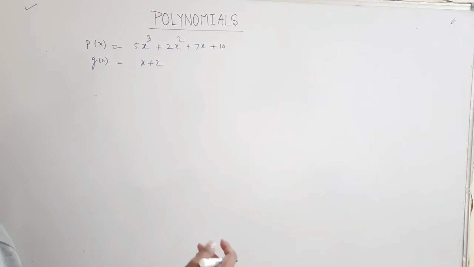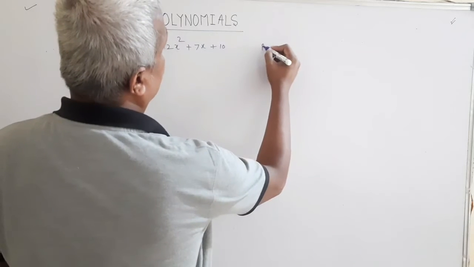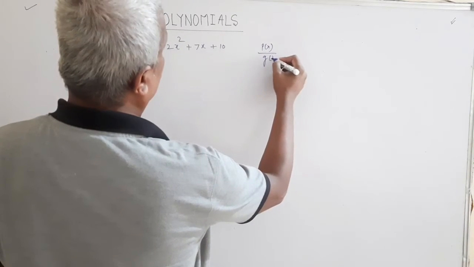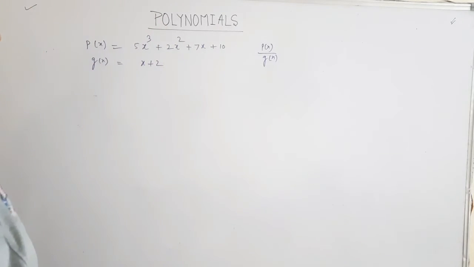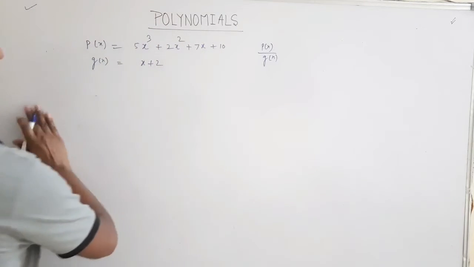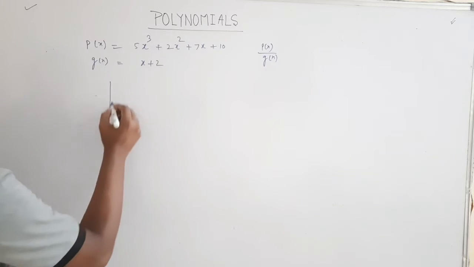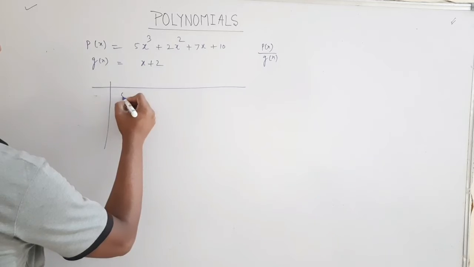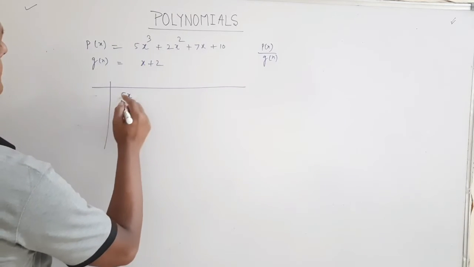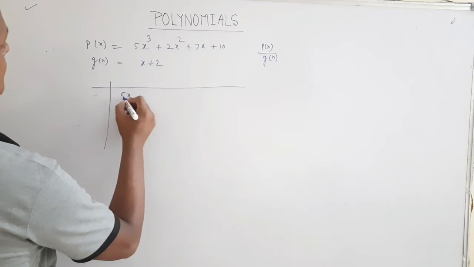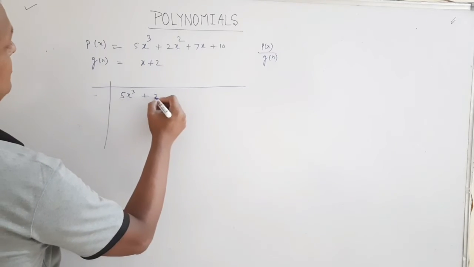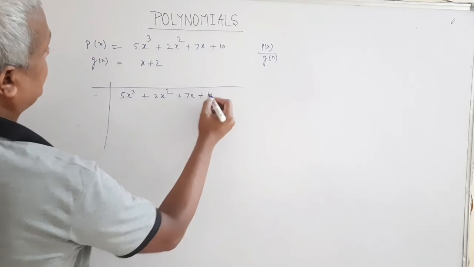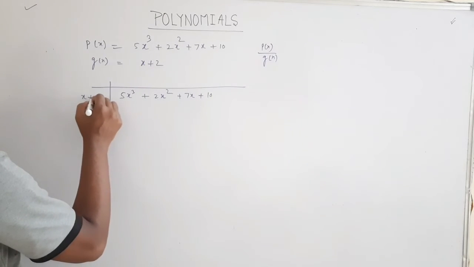So I am trying to find out what will be the value of p(x) over g(x). So we can divide by the normal division. You just write like this. This is your divisor. So write like this: 5x cube plus 2x square plus 7x plus 10, and then write here x plus 2.